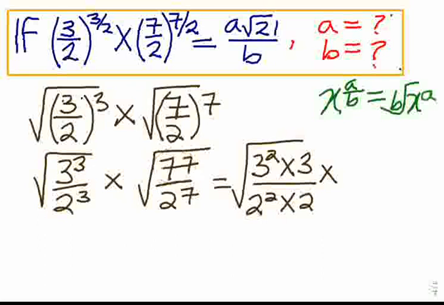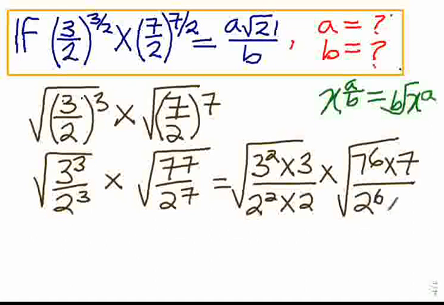The 7 raised to power 7 will be split as 7 raised to power 6 multiplied by 7, and then 2 raised to power 6 multiplied by the 2 again. So what I did was to get an even number from those powers so that I can easily get their square root.